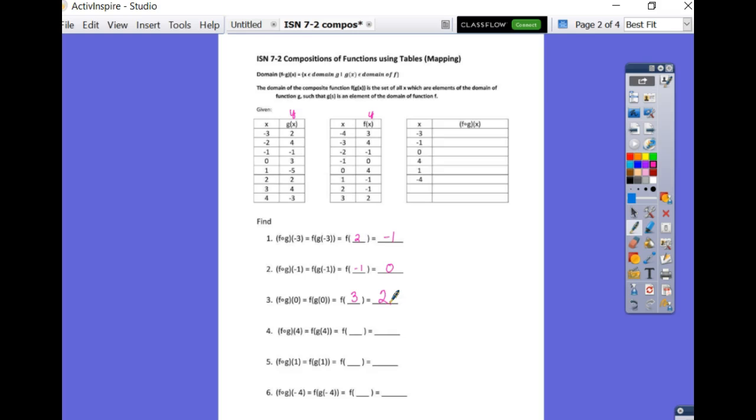G, the input is 4. Negative 3. Negative 3 is 4. So g of 1 is negative 5. Is there a negative 5 here? So it does not exist.